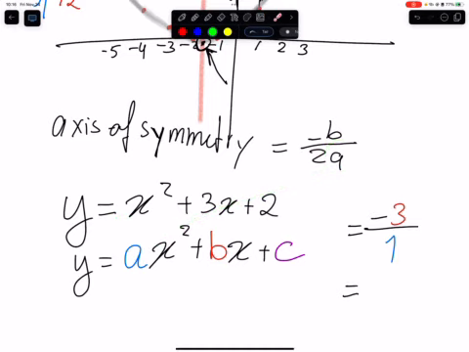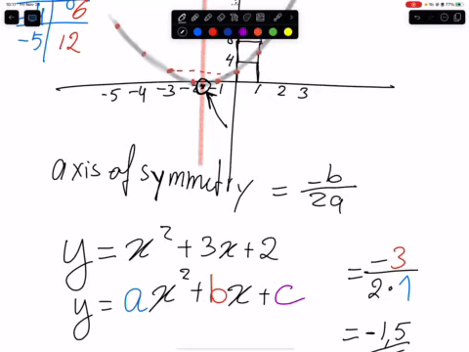In front of the x squared is a 1, so it's 2 times 1. So negative 3 divided by 2 is negative 1.5, exactly in the middle there.